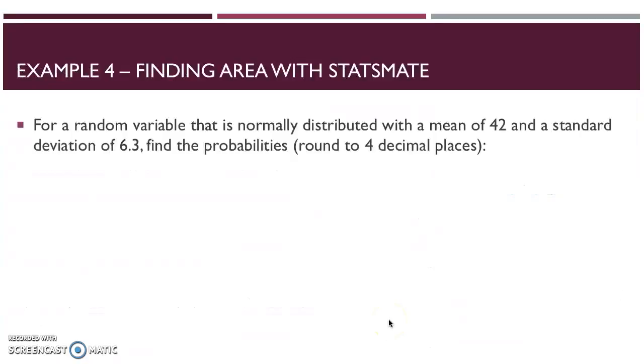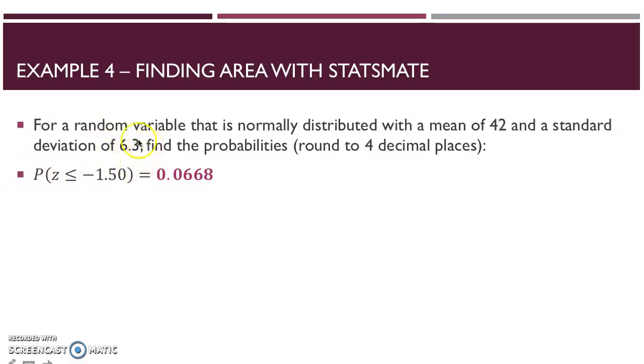So just some examples that you can check if you're using the app correctly. If you have a random variable that's normally distributed with a mean of 42 and a standard deviation of 6.3, you want to find some probabilities. You'll always round to 4 decimal places with the normal distribution. So I have a few examples with the answers attached. The first one, the probability that z is less than or equal to negative 1.5.